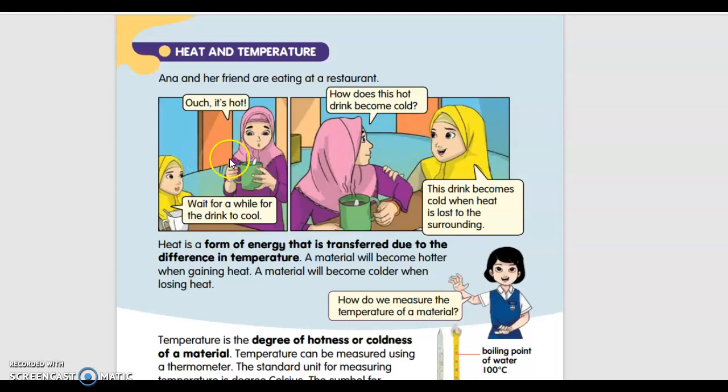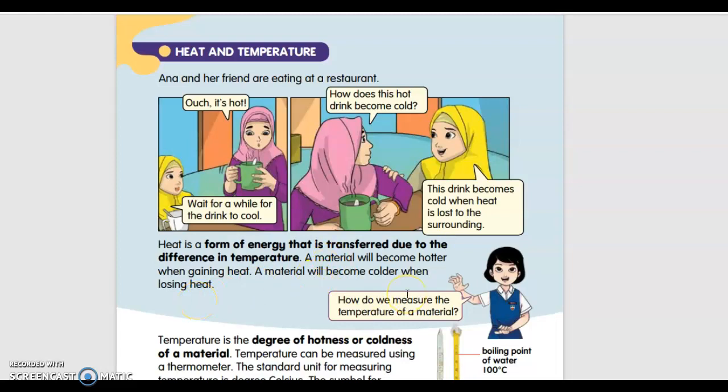So the two different temperatures will cause the energy to be transferred. And we know heat is a form of energy. A material will become hotter when gaining heat. A material will become colder when losing heat.